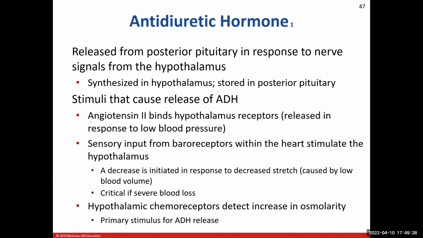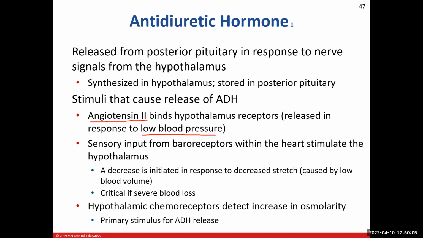Well, one is, we just talked about it, angiotensin II. That will stimulate the hypothalamus to signal the posterior pituitary to release ADH, and this is done in response to low blood pressure. I also will see that the hypothalamus is going to receive input from the baroreceptors in our heart, because when blood pressure has dropped, that sensory input is usually going to be decreased.